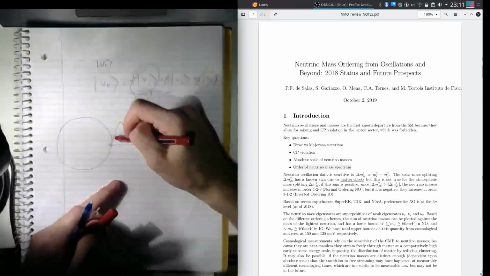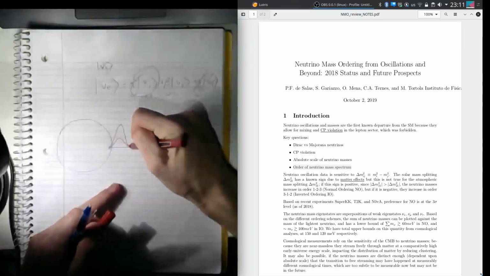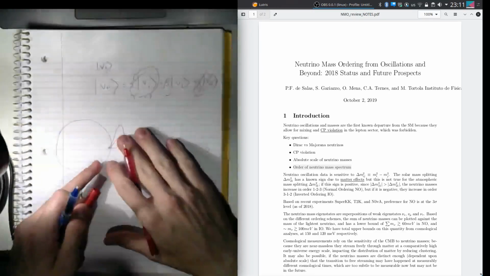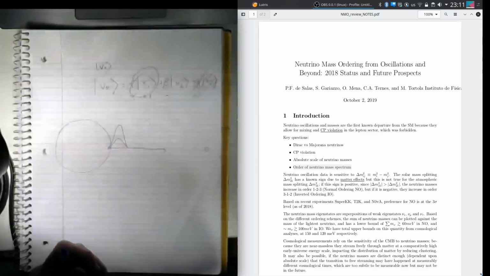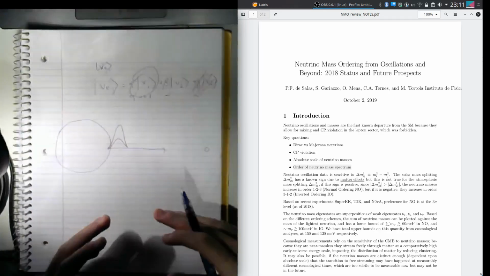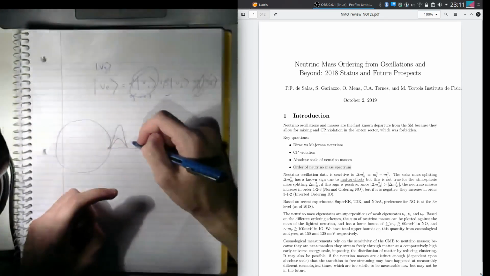Let's just say it's these two, and these two states are right on top of each other at the beginning, because all the neutrinos are being emitted at the same time, at the same temperature. They have a pretty uniform distribution as time goes on.